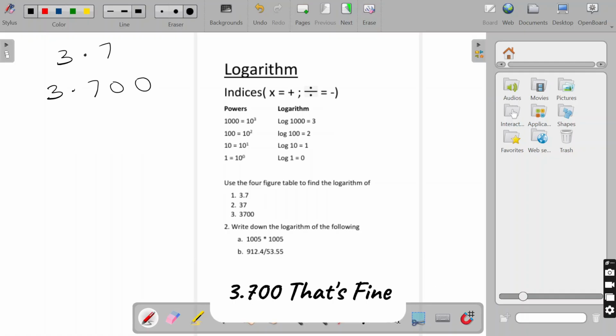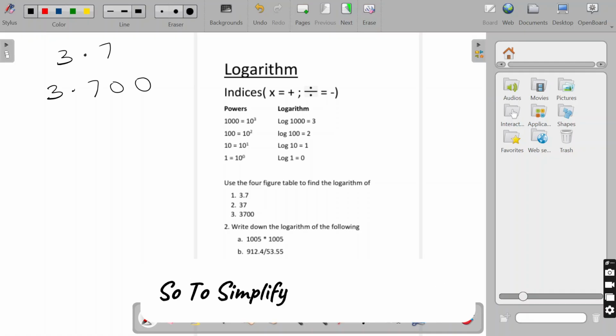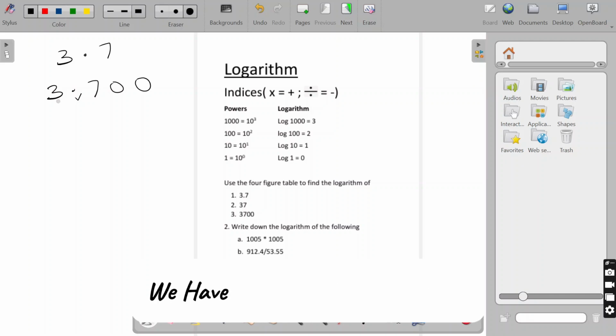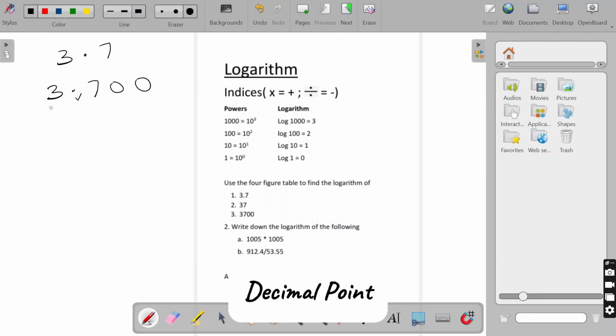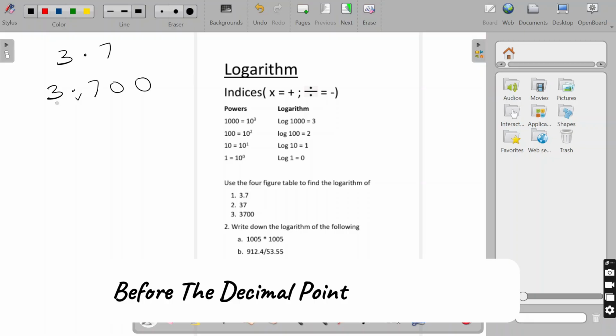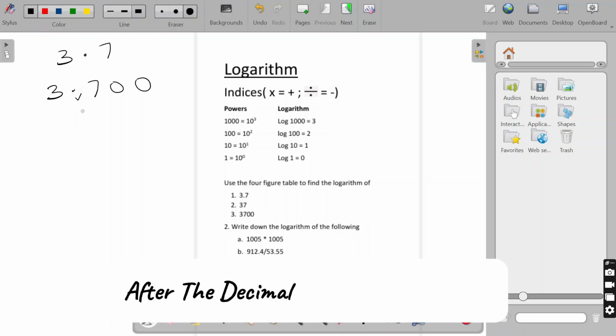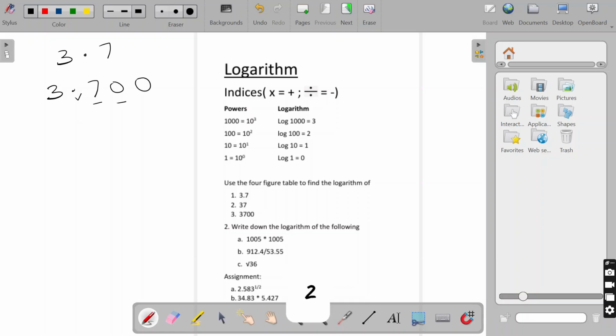After the decimal point, we have 3 digits: 1, 2, 3, and before the decimal point, we have just one digit.